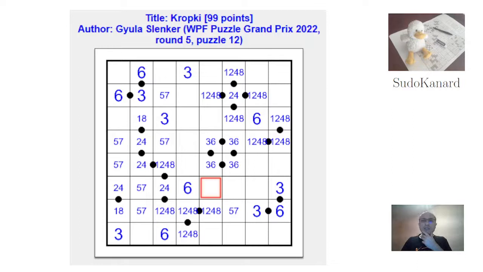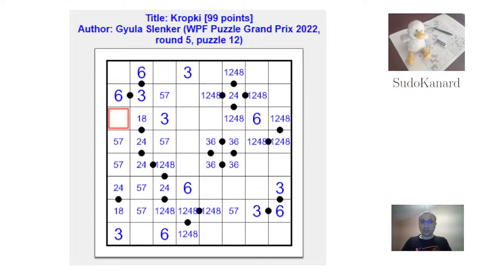So perhaps I should use the coloring. I didn't use it during the contest. But that would seem a legitimate thing to do. Oh, they can't be here. Could be here, could be there.